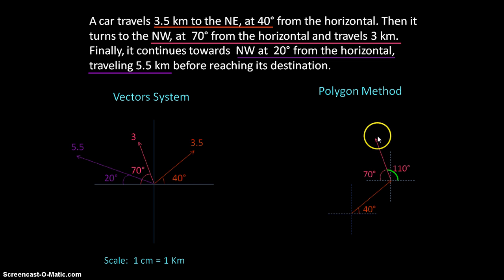Now, in the head of the arrow of the second vector, we will trace another reference plane. In this reference plane, we will trace the last vector, with the same angle. This direction of 20 degrees is actually 160.